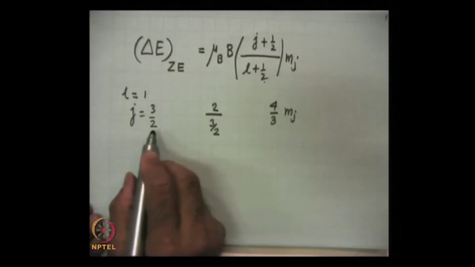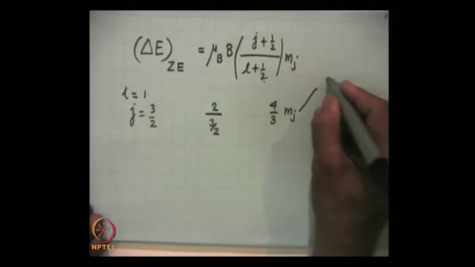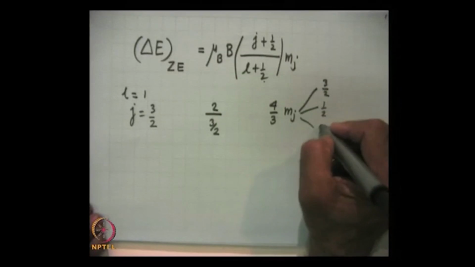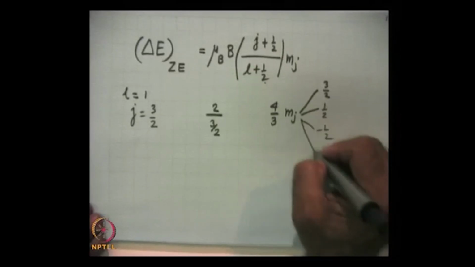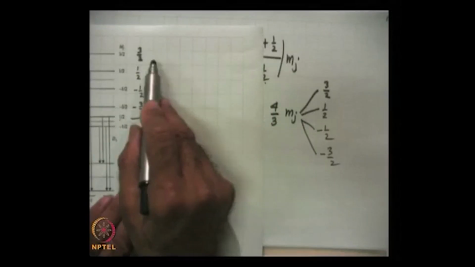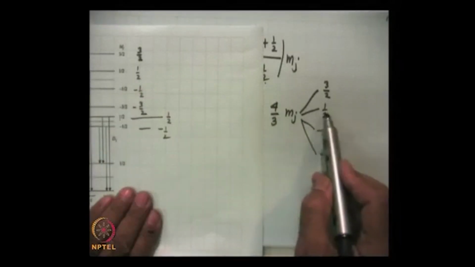And what are the possible values of mj? The possible values of mj are 3 by 2, half, minus half, minus 3 by 2. So, this line is 4 by 3 times 3 by 2, and this is 4 by 3 times 1 by 2.